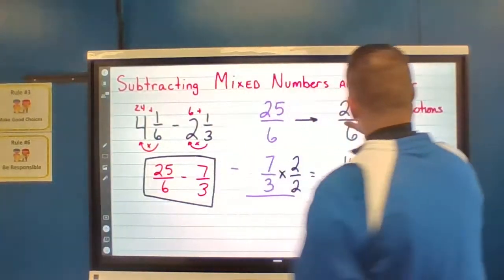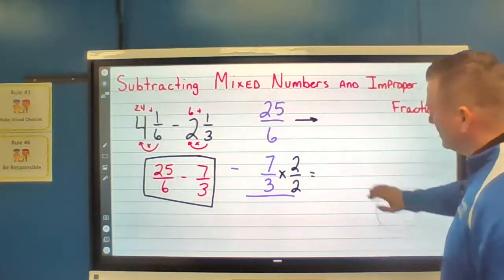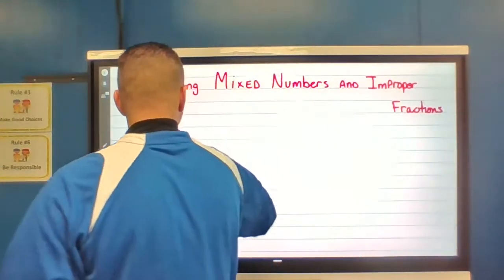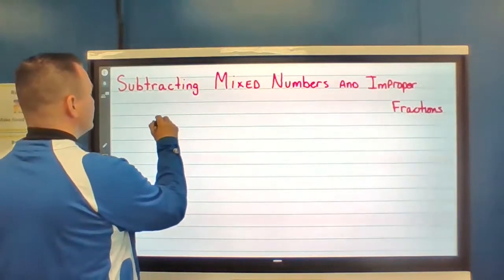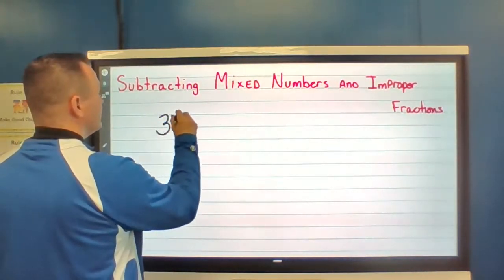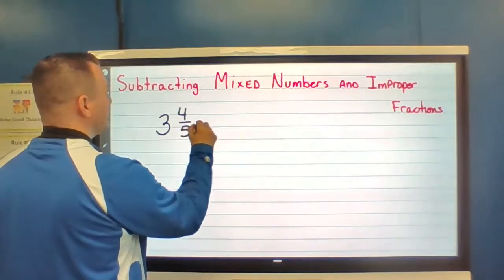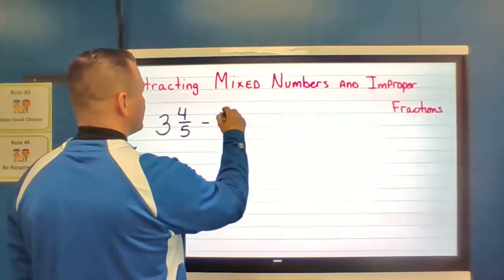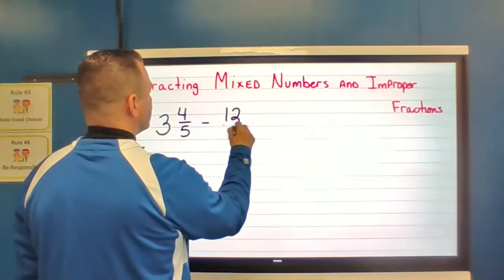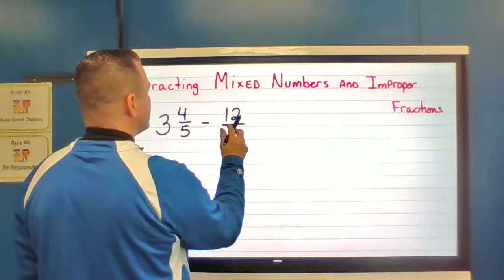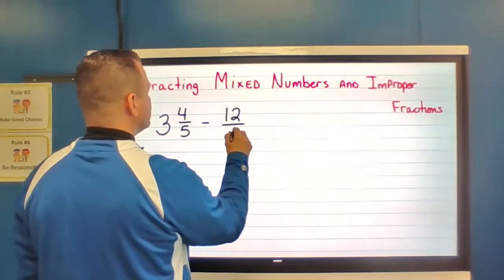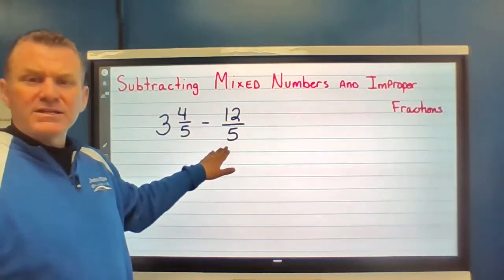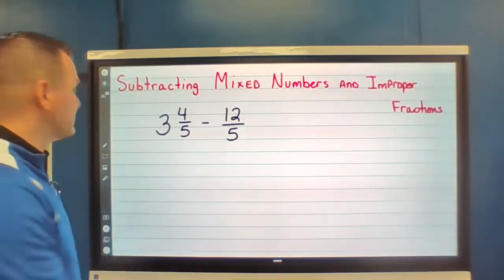Now, what if you have a problem that was 3 4/5 minus, say, 12/5. Okay. He's already an improper fraction, so he stays the same.